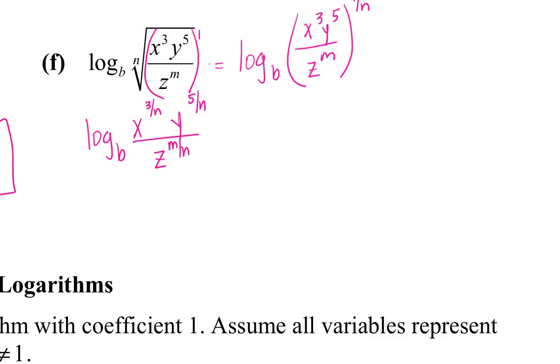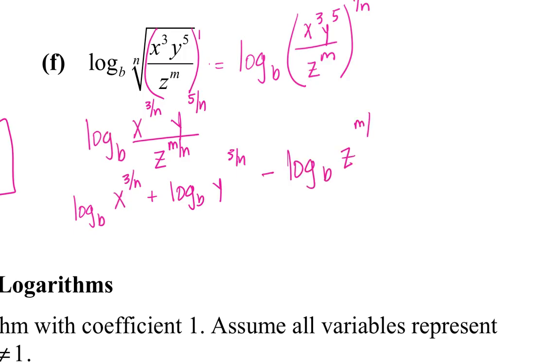Now I'm going to turn this into my addition and subtraction. So we've got log base b of x to the 3 over n, plus log base b of y to the 5 over n, minus log base b of z to the m over n.